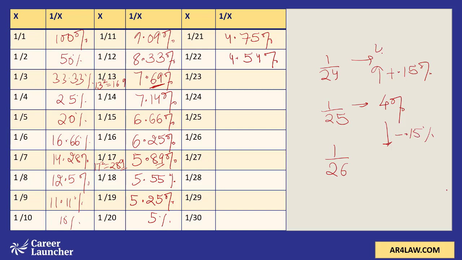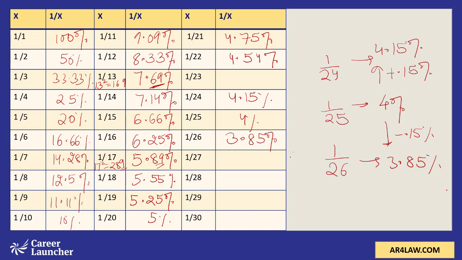So this value comes out to be 4.15%, and this one here is 3.85%. So let's put the values here. 4.15%. This is 4%. This is 3.85%.